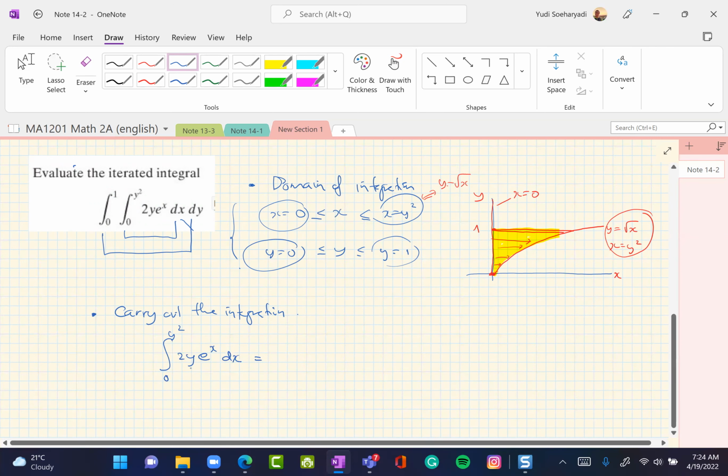Everything in terms of y is a constant with respect to x, so we can move this out. So it's 2y. Okay, so that's easy.